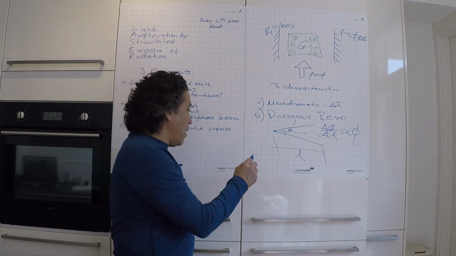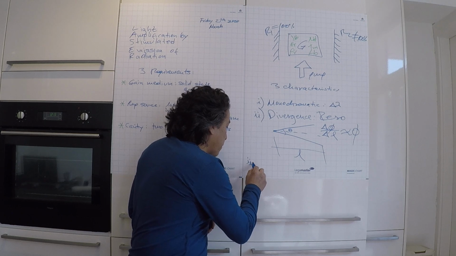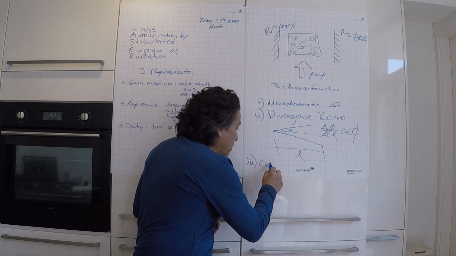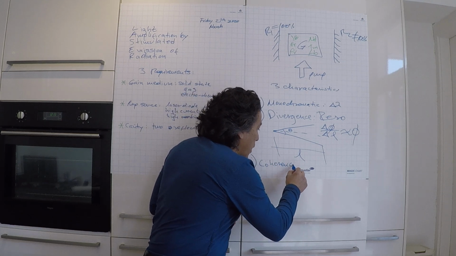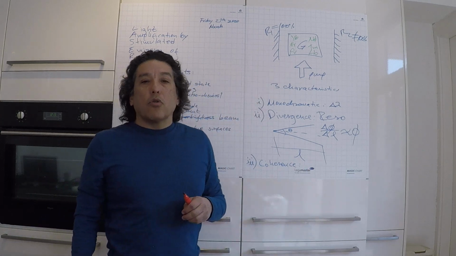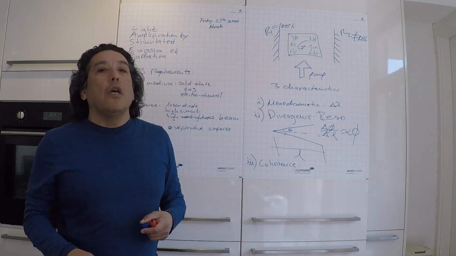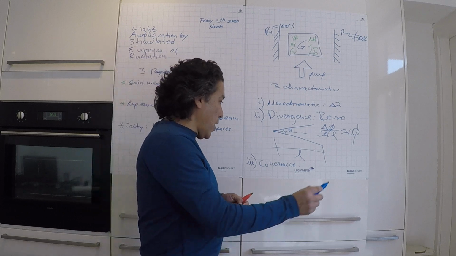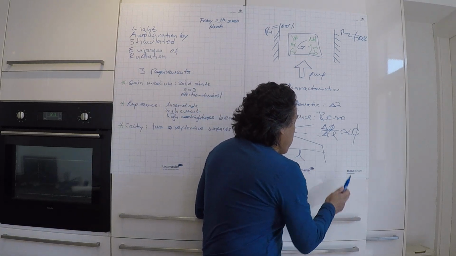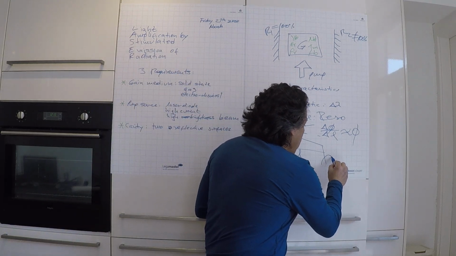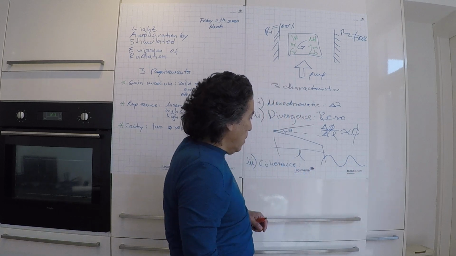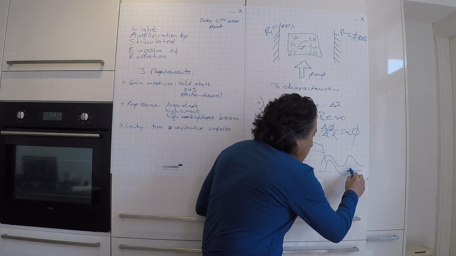And the third one is coherence. You can imagine that when you are in your swimming pool or in the sea, you see waves. When the waves from any disturbance have a maximum, all waves have a maximum.